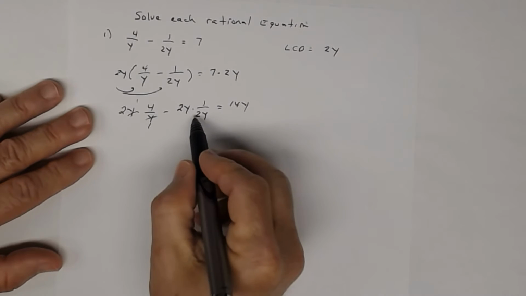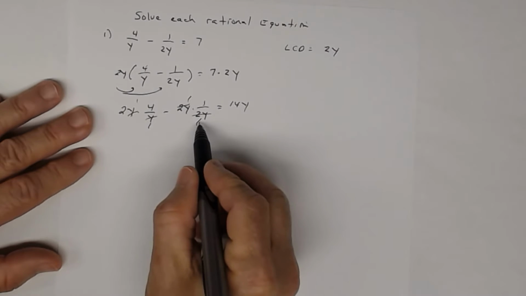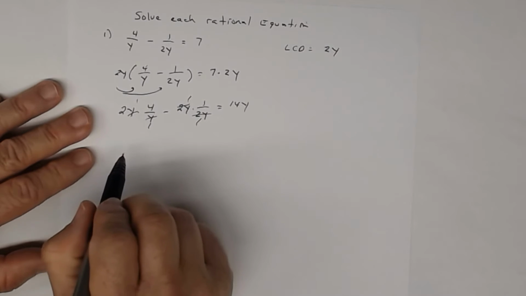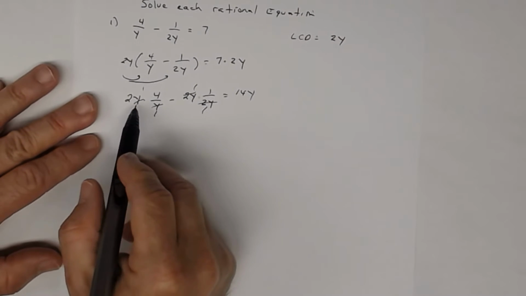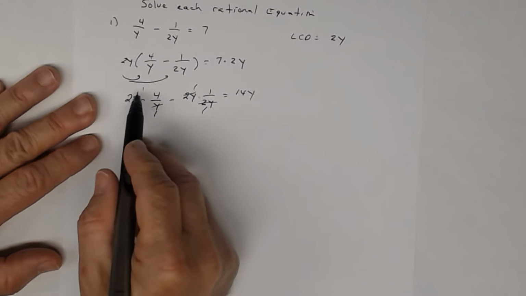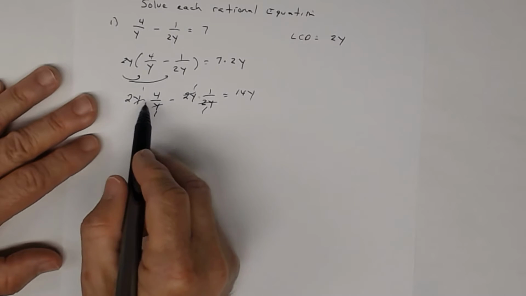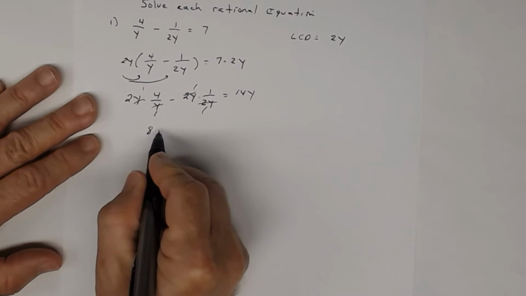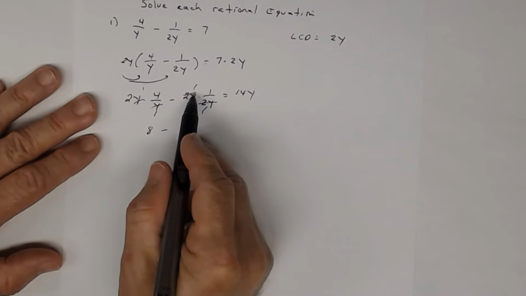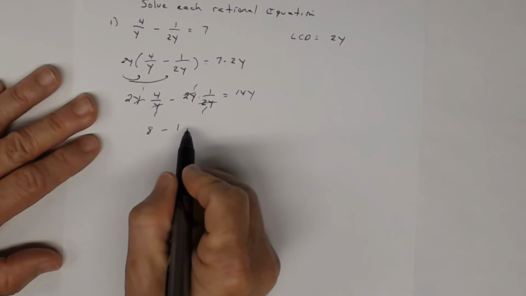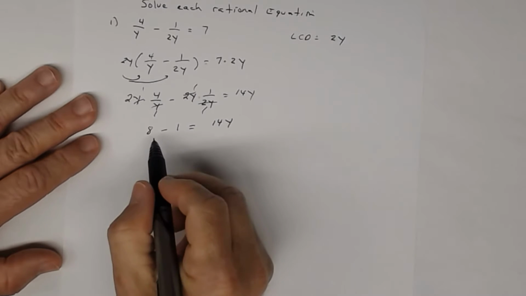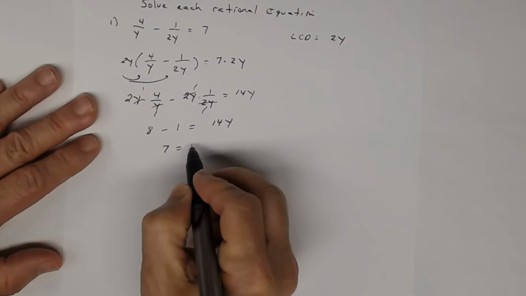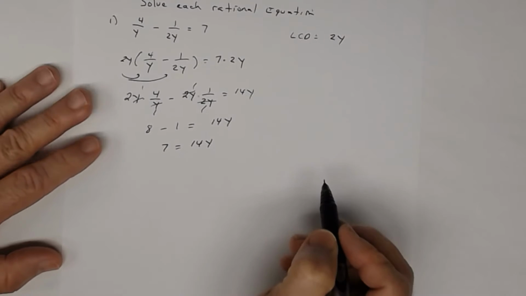Over here, the two y's divide out, so you get factors of 1. That's the whole point of multiplying both sides by the least common denominator. Now when you simplify each term, you have 2 times 1 times 4, which is 8, minus 1 times 1, which is 1, equals 14y. So 8 minus 1 is 7, so I get 7 equals 14y.